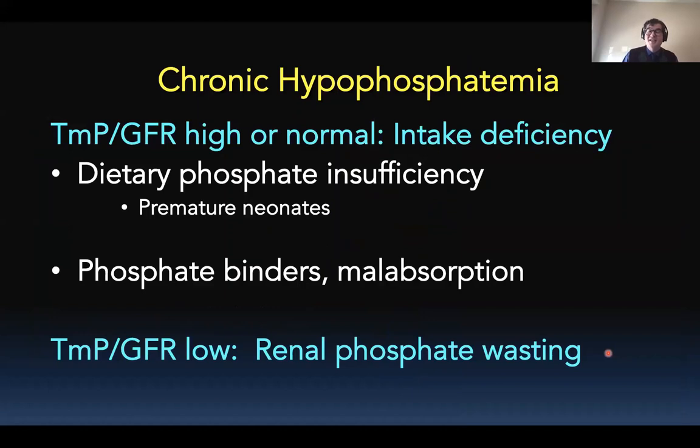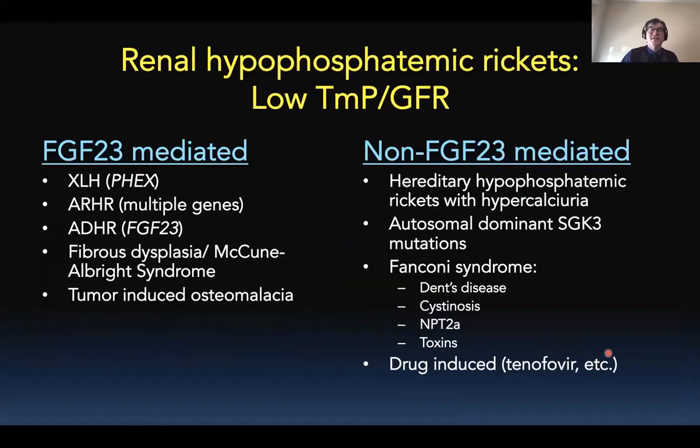And this indicates an intake deficiency, either dietary phosphate insufficiency, phosphate binders, some general malabsorption, or insufficient availability of phosphate from various dietary sources. If your TMP is low, then you have evidence of renal phosphate wasting or just renal phosphate losses.